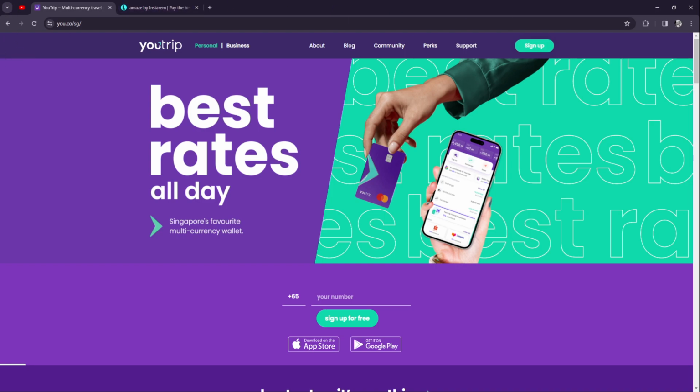So moving on, YouTrip also offers competitive exchange rates and no additional fees for currency conversion. Again, no additional fees, really great feature. And having competitive exchange rates is also one of the best things that you could ask for, especially if you're doing transfers with different currencies.